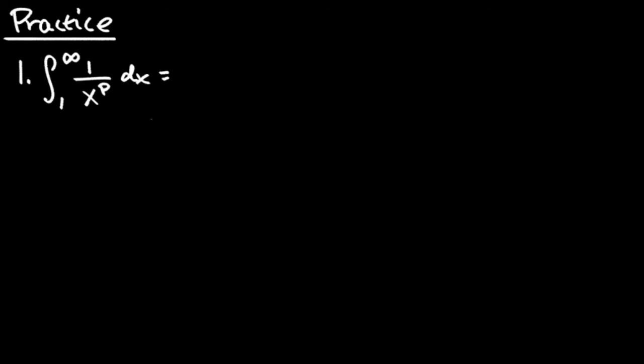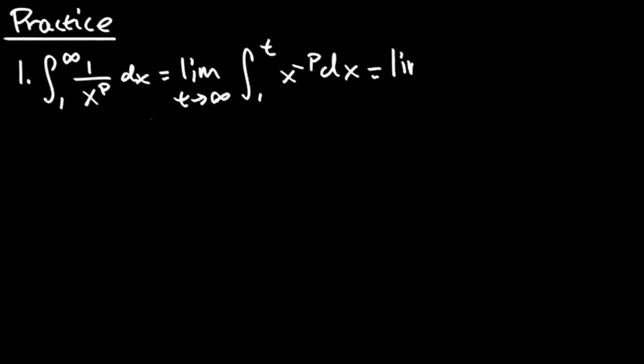Okay, so limit as t approaches infinity of the integral from 1 to t of x to the negative p dx. Just evaluate it like normal. So add 1 to that. I'm just going to put the 1 in front rather than behind it, like negative p plus 1, it just makes it look nicer.